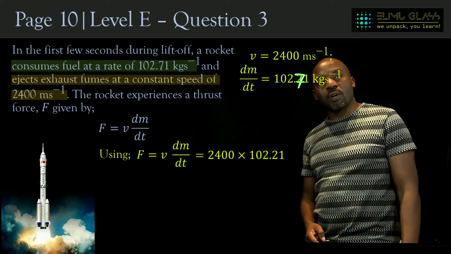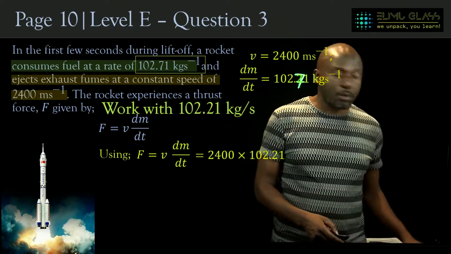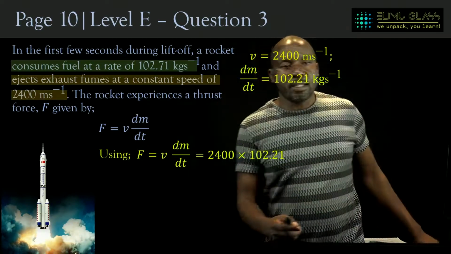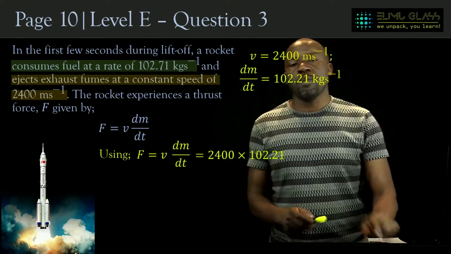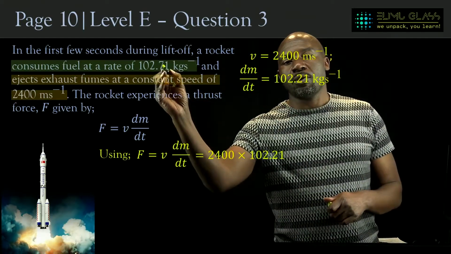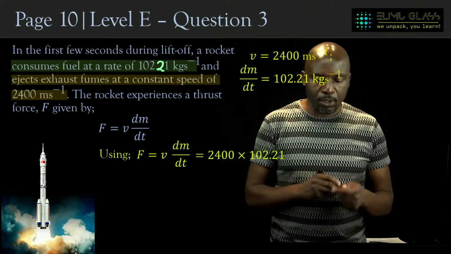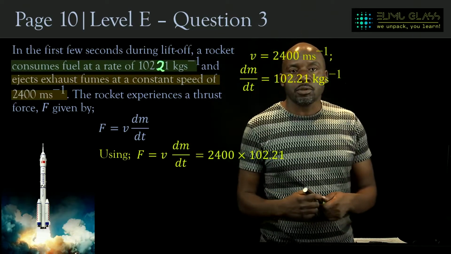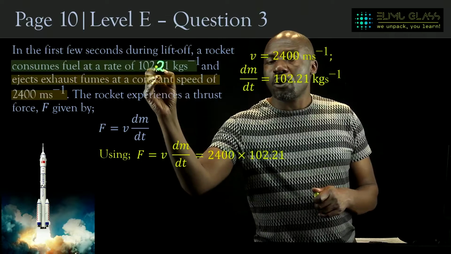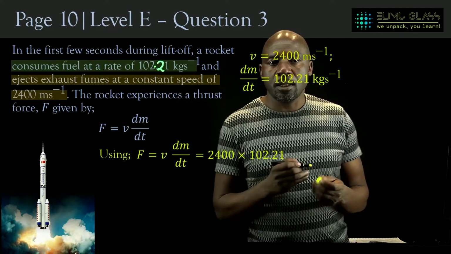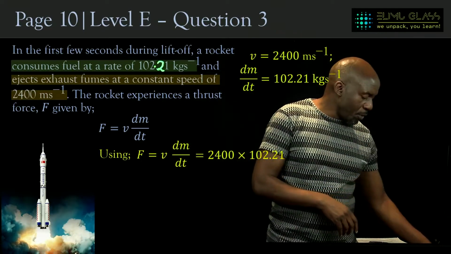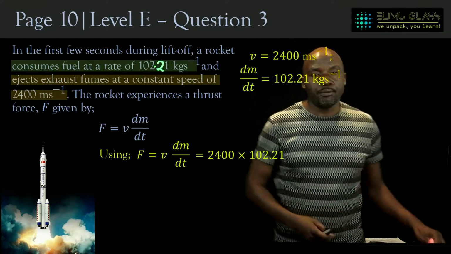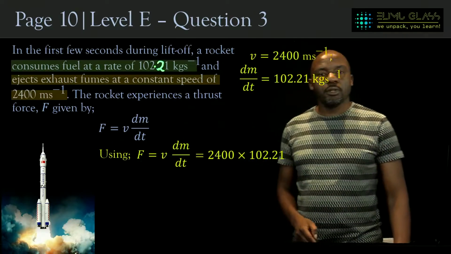So if we keep 2 1, then I'm going to leave that as 2 1 and make this one here 2. So it is 0.21. So 102.71 times 0.21 there. If we keep it that way, then we multiply the two.